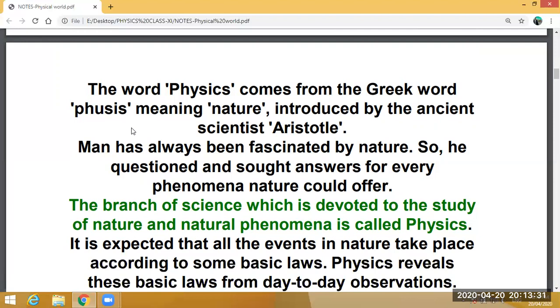It was introduced by the ancient scientist Aristotle. As you know, man has always been fascinated by nature, so he questioned and searched for an answer for every phenomenon that occurs in nature.